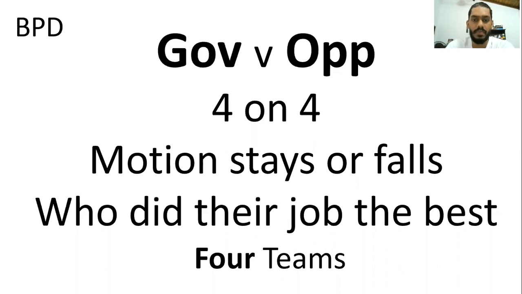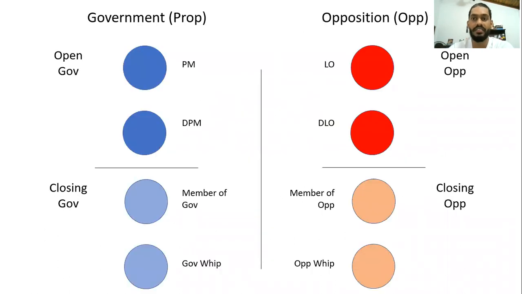So it's a matter of seeing who did their job the best. It's a matter of ranking them, okay? If it is a little confusing at the moment, don't worry, we shall get into it.